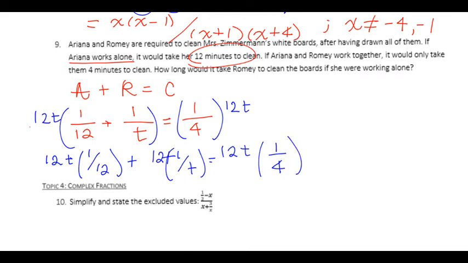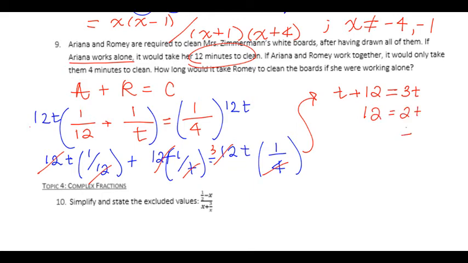The 12s cancel, the t's cancel, and 4 goes into 12 three times, and I am left with t plus 12 is equal to 3t, which means 12 is equal to 2t, which means t, Romy's individual time, is equal to 6. So it takes Romy 6 minutes to clean the board by herself.